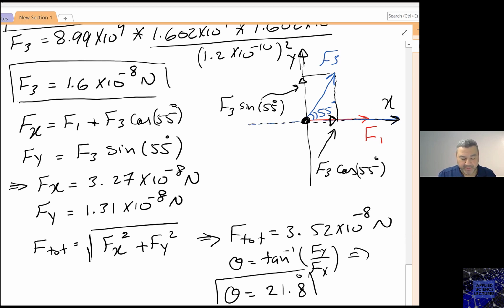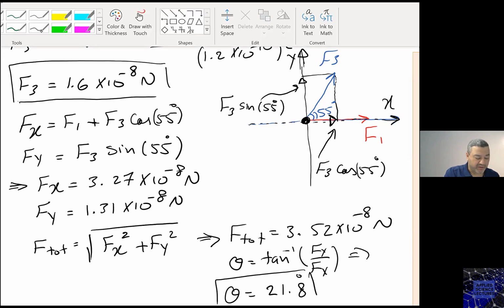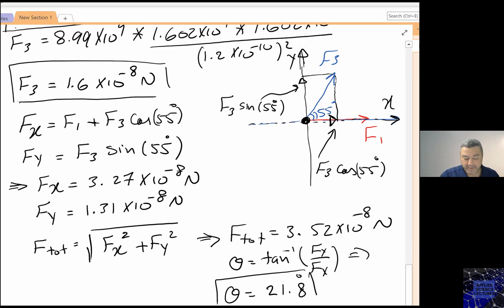So if I add those two vectors, I will get this vector, something like this. So we'll be adding this vector.